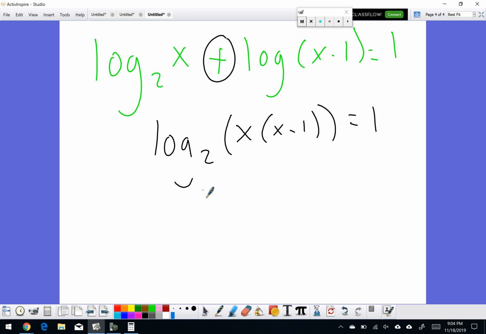I could also make this look a little bit different: log base 2 of x squared minus x is 1. So I'm stuck there again. When you're stuck, switch.